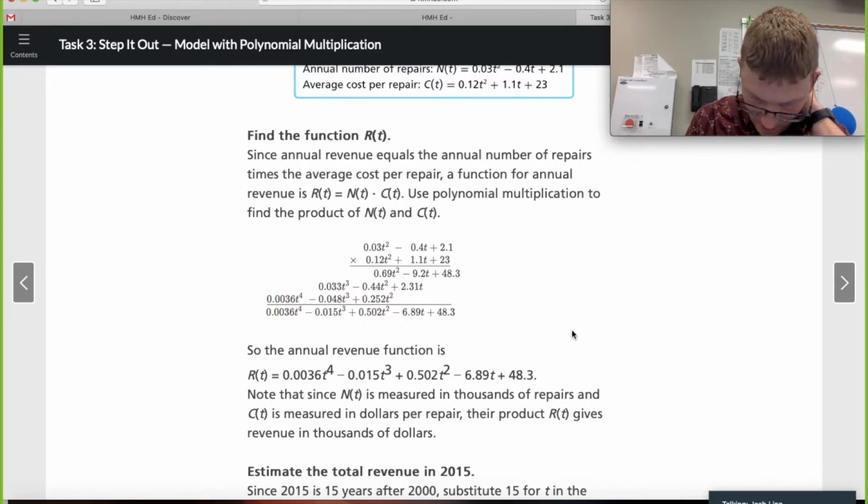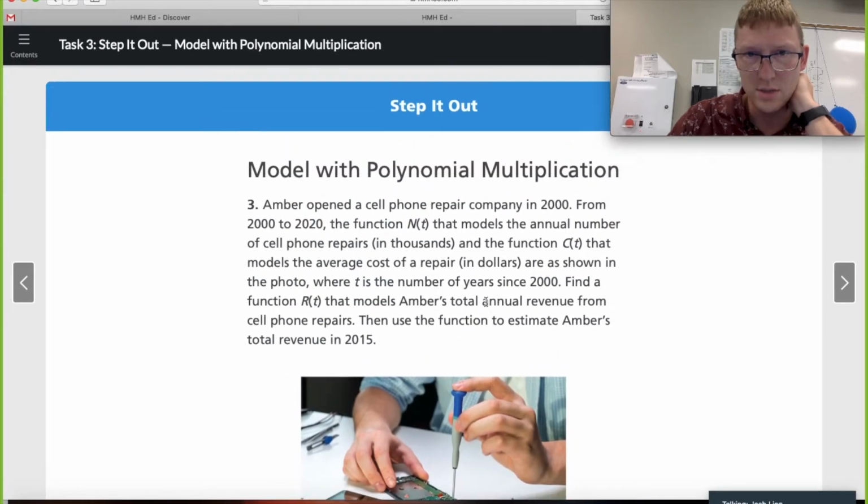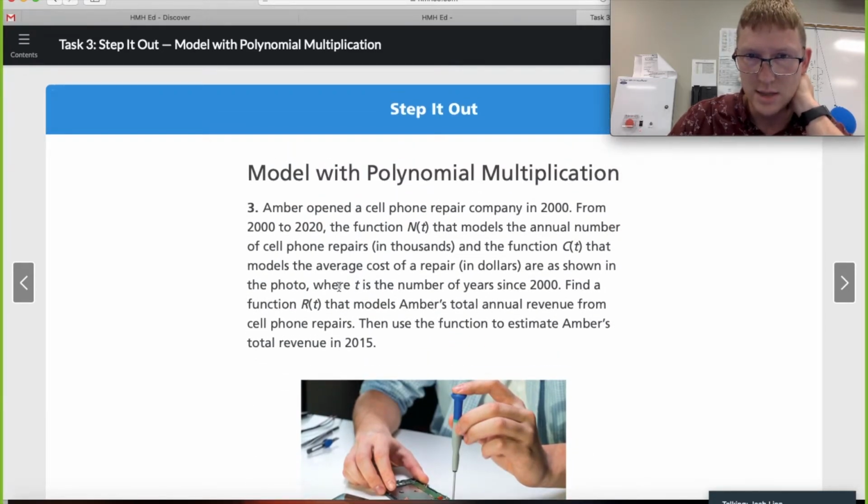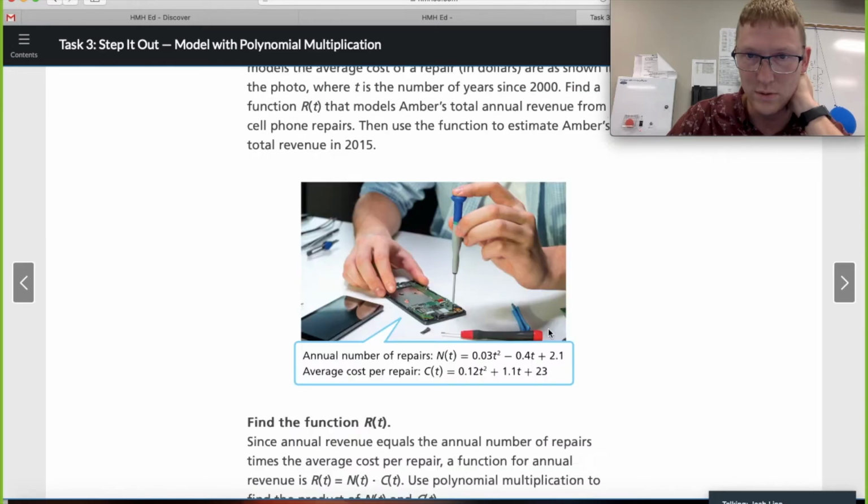So we've got our annual revenue function right here, and that is measured in thousands of dollars. And t is, what do they say, years past 2000? Yeah, t is the number of years past 2000.